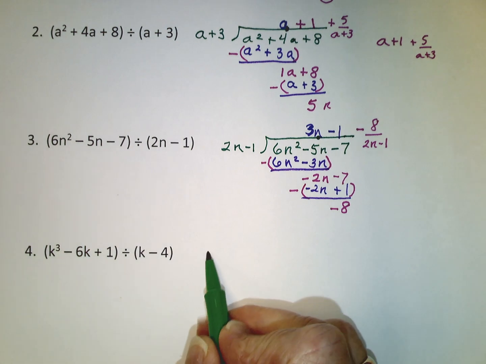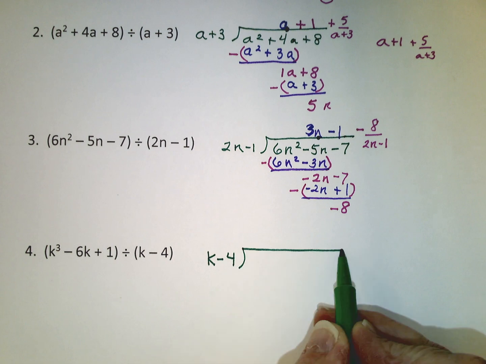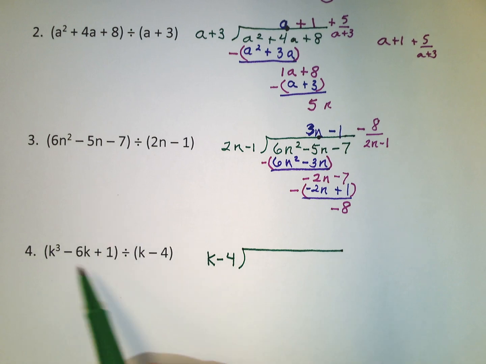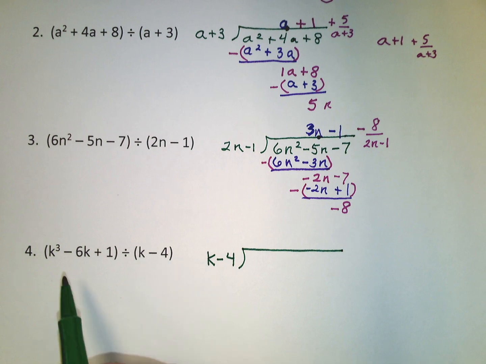So we're going to be dividing by the quantity k minus 4. And before I write the problem down, and the others, we did check to see if everything's in order. Well, we've got a constant. We have a k, and then we have a constant. But right here, there's a gap.